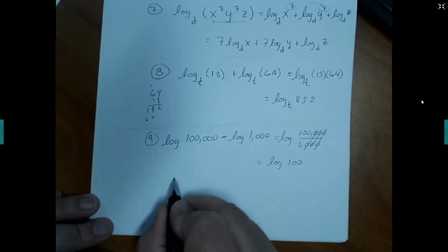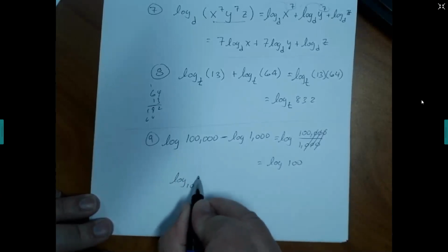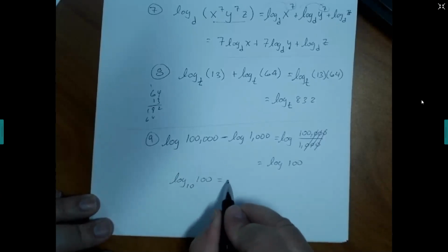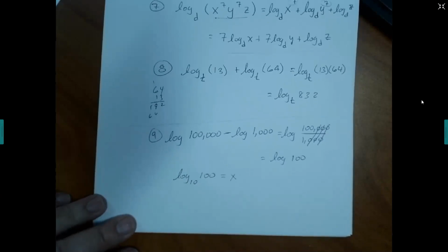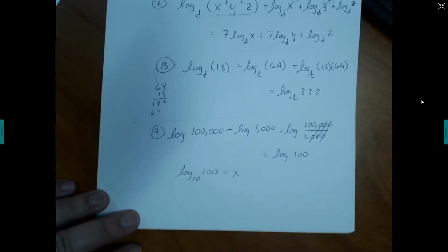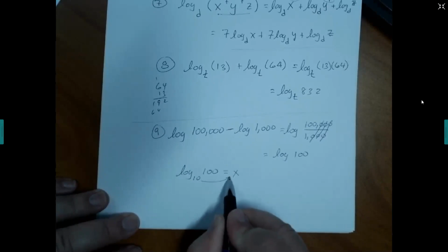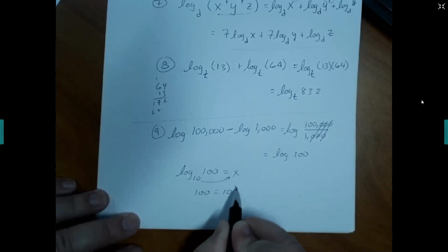What is this log? What's the base? It's base 10. Log base 10 of 100 equals some number x. Move the 10 under the x, so we have 100 equals 10 to the power x.